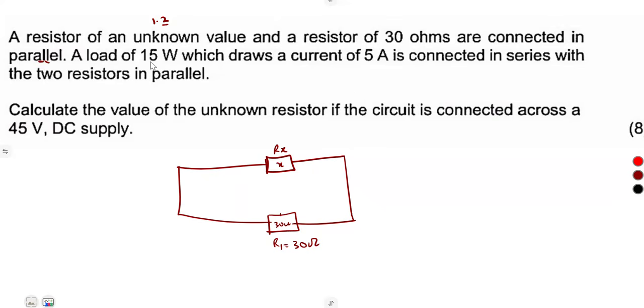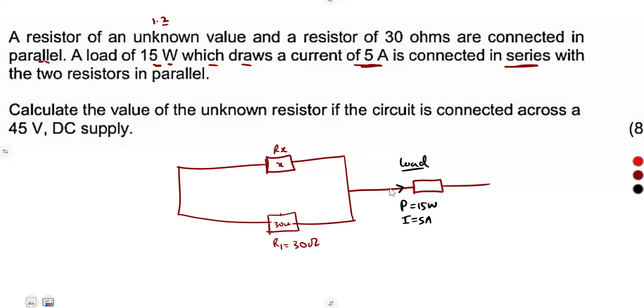And a load of 15 watts, which draws a current of 5 amps, is connected in series with the two resistors. So we are going to have a load here. This load has a power of 15 watts and draws a current of 5 amps.